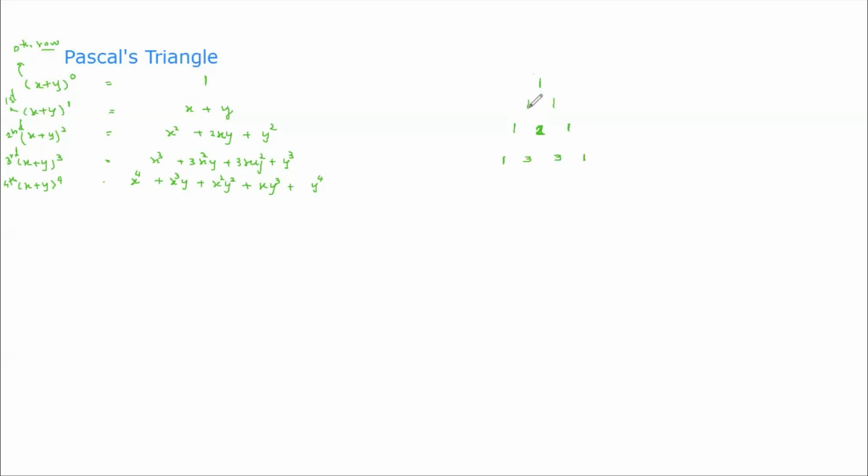And then 1 plus 1 becomes 2 here. And this one is alone, so bring it down here. Now the third term, the first one always bring down 1 here. And then 1 plus 2 becomes 3 here, lay down. 2 plus 1 equals 3 here. And 1, pull it down here.